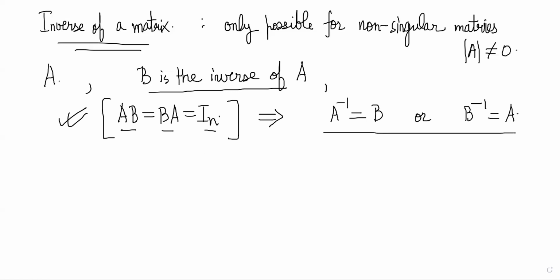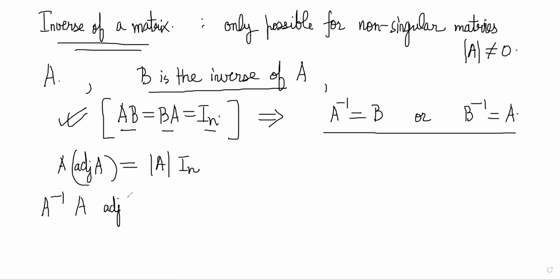Now, since we have the result A times adjoint of A is equal to det of A times In, if I multiply by A inverse on both sides, A inverse A adjoint of A is equal to A inverse det of A In.